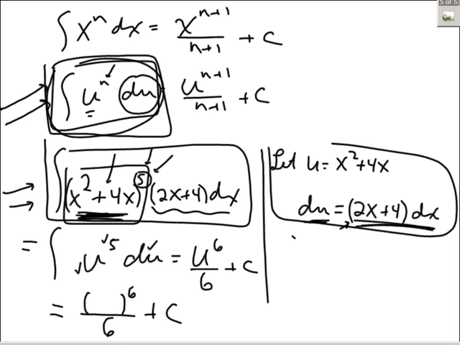Don't randomly guess what u is. You wrote it down. Don't try to remember. You wrote it down. It's x squared plus 4x. So that's the final answer. We want to write the integral in the form u to the n du.